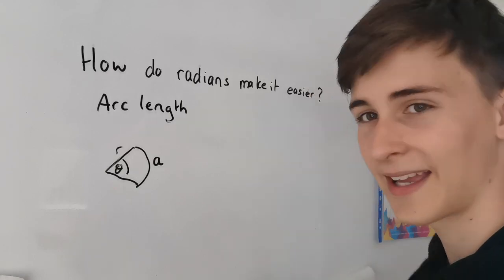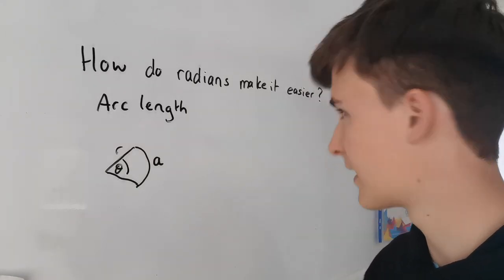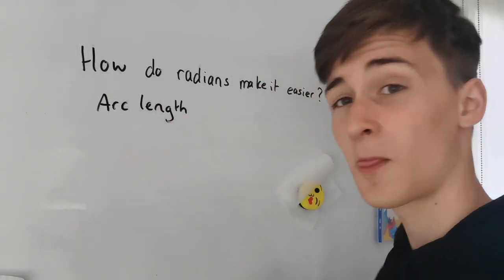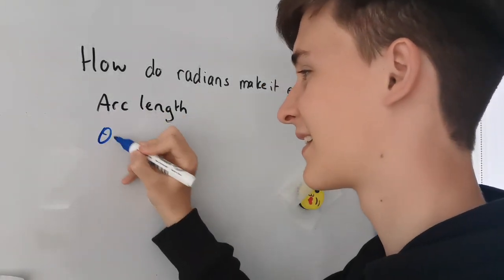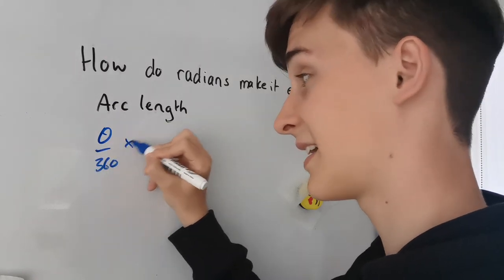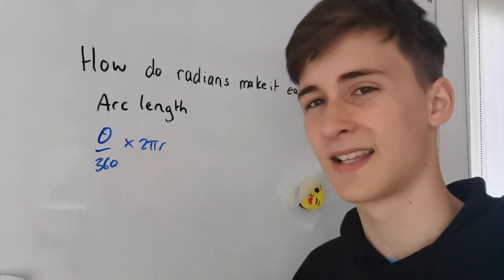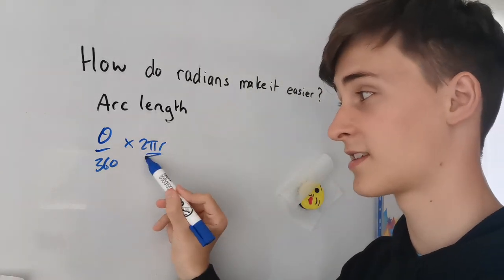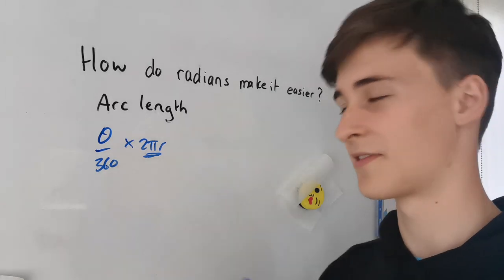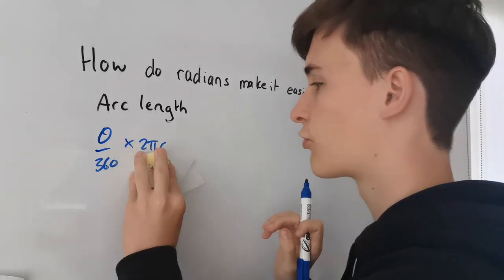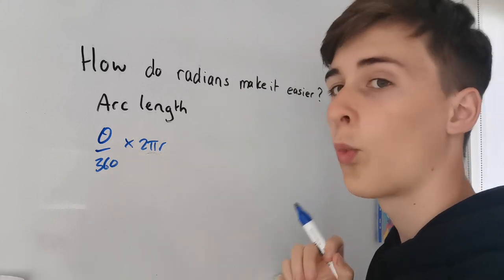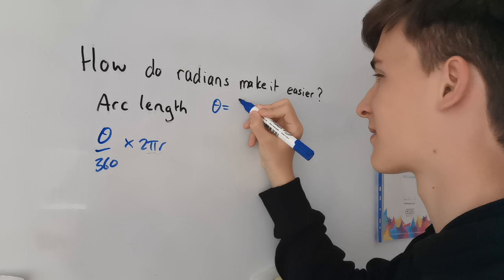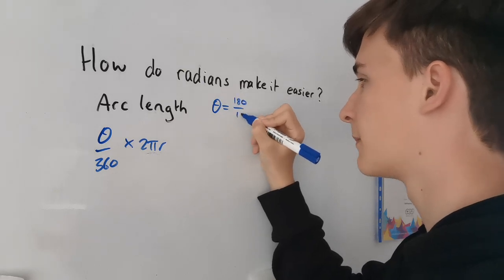Our arc length formula is theta over 360 times 2 pi r. It's a certain amount of circumference, and the certain amount is theta out of 360 degrees. Remember what I said, we can make it easier because theta in radians equals 180 over pi.